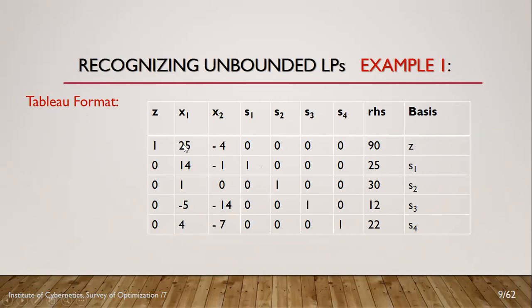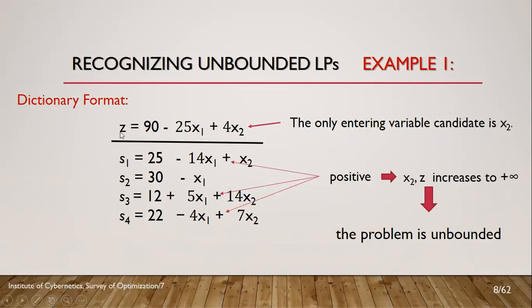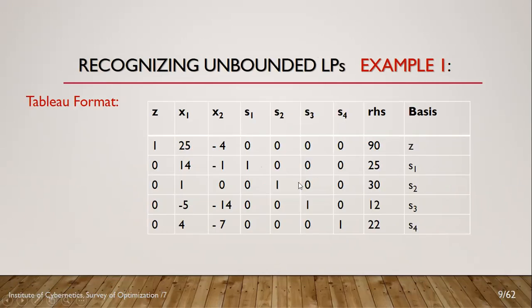Again, positive values change into negative, and negative values change into positive, because we consider the difference between z and the right-hand side of this inequality. So that's why the signs are changed. That was discussed in the previous lectures.